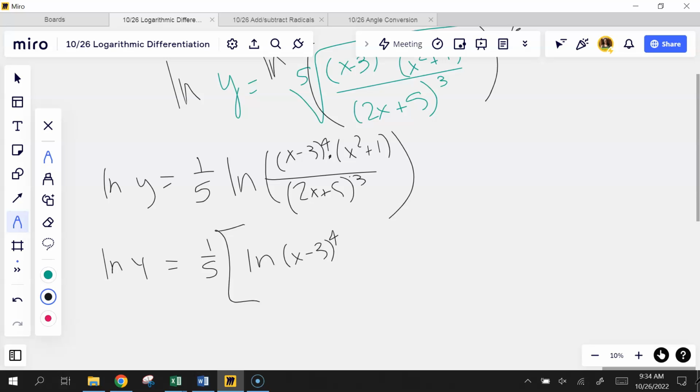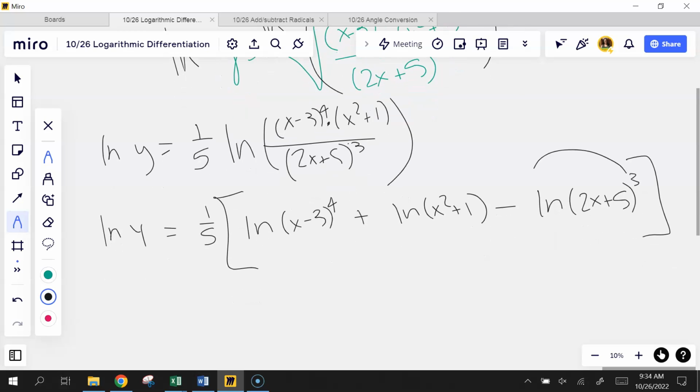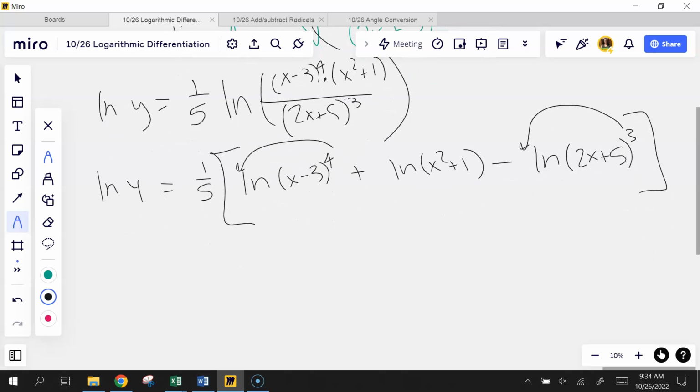And I'm even going to split this up since I'm multiplying. Plus log of x squared plus 1 minus, because of the division, and you can even distribute the 1/5 through to help you out. So log y equals 4/5, nope, just kidding, 4/5.